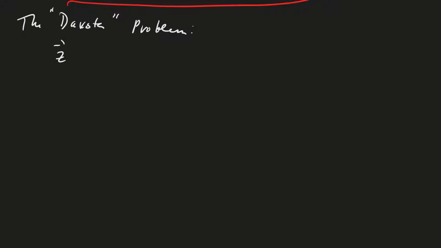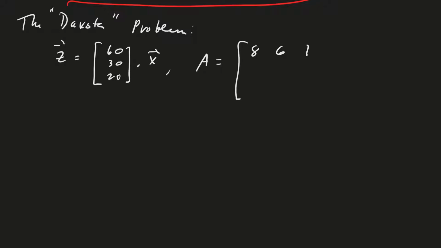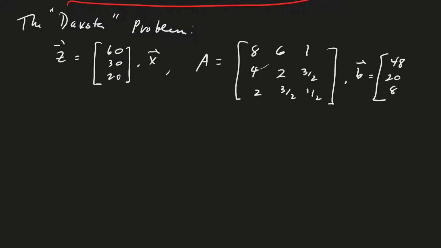We're going to maximize z, and our c here is going to be 60, 30, 20, dotted with our x, right? And our A is going to be 8, 6, 1, 4, 2, 3 halves, 2, 3 halves, 1 half. And our b is equal to 48, 20, and 8.